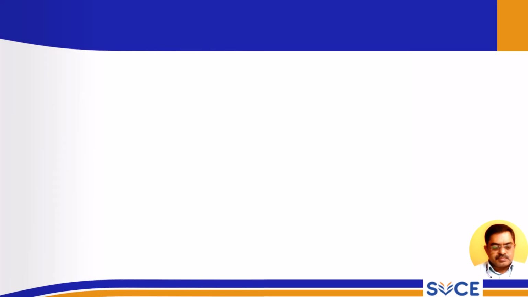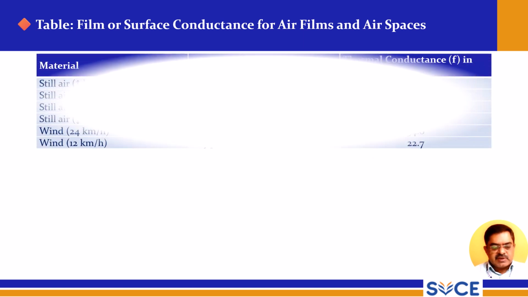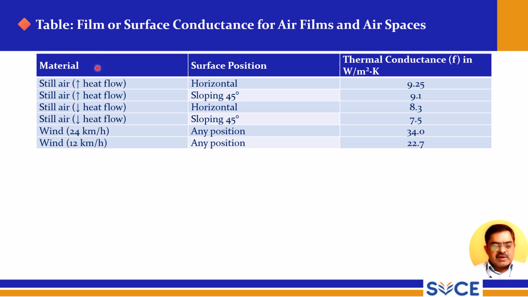So film or surface conductance for air films and air spaces. This is the still air, and when it is horizontal, the thermal conductance is 9.25, and the still air heat flow, sloping 45 degrees, it possesses 9.1, and still air heat flow, and the heat flow is from upside down, and this is horizontal, 8.3.